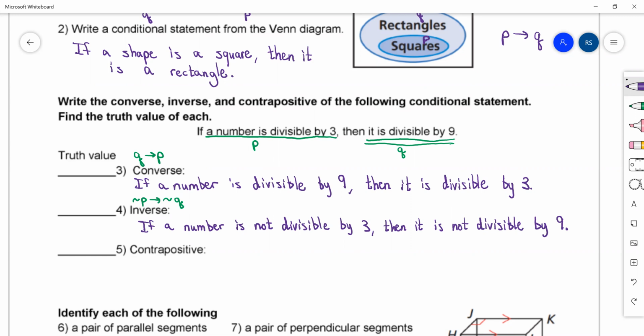And then last but not least, we have the contrapositive.